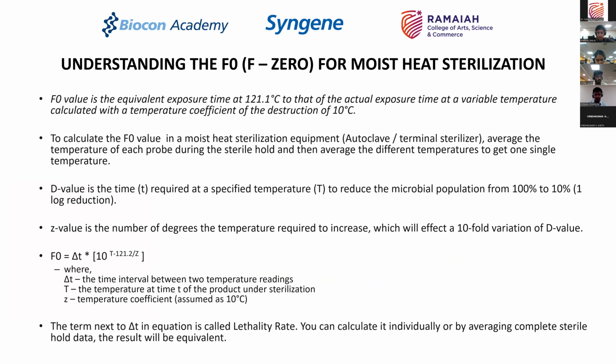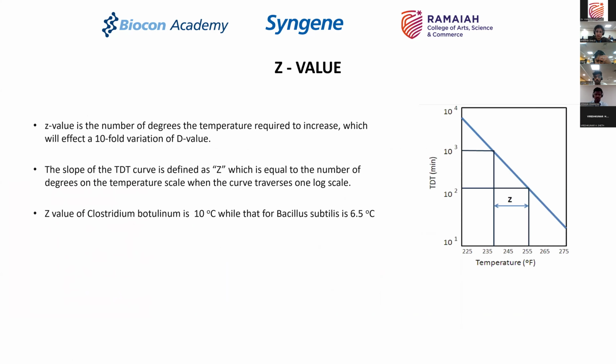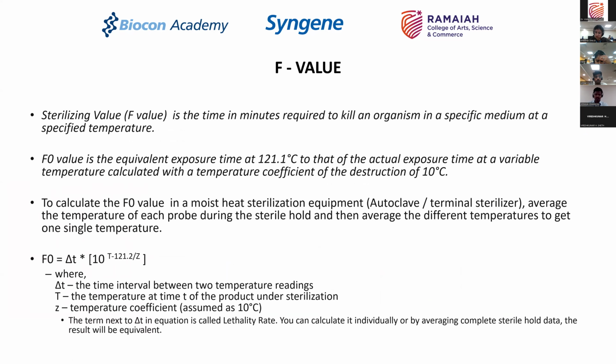You were fixing the temperature. You were saying that I'm going to do this at 121 degrees centigrade itself, right? So I had fixed the temperature, and for that given temperature, if I want a log reduction, what is the F0 value which I'm getting?